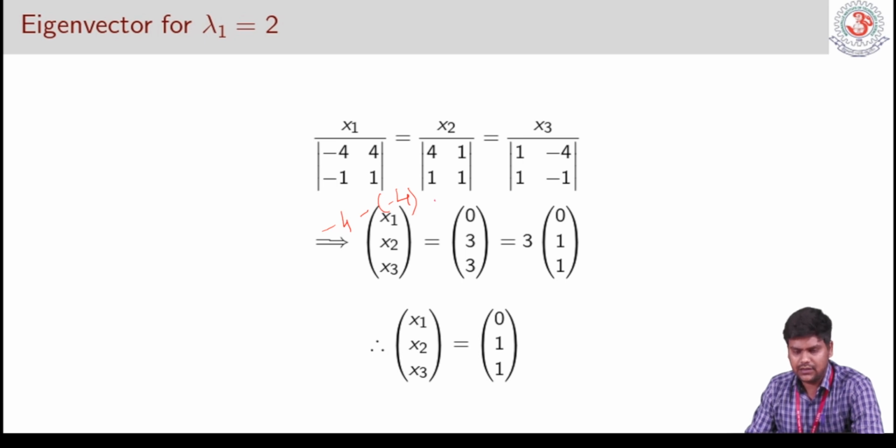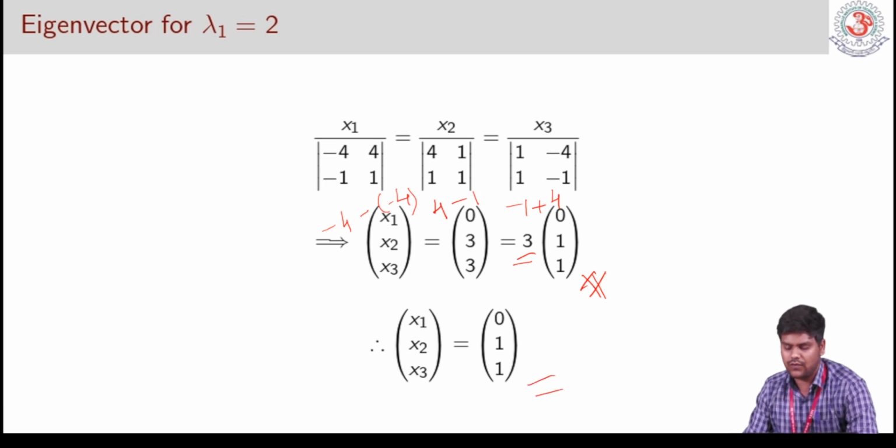Here 4 minus 1, 3. Minus 1 minus of minus 4 is plus 4, 3. Taking the common factor 3 out, the remaining will be our eigenvector. So our corresponding eigenvector for lambda equal to 2 is 0, 1, 1.